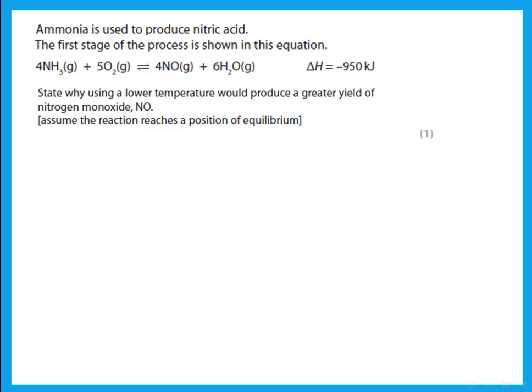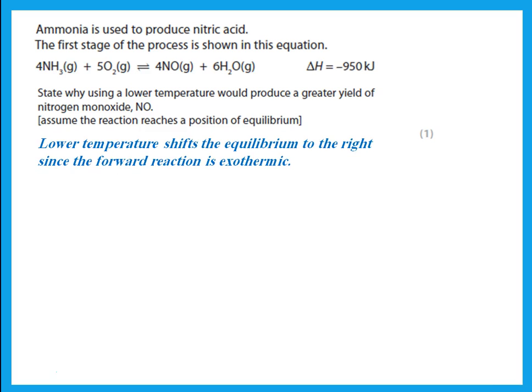That means as I go from ammonia plus oxygen to give NO plus water, this reaction is exothermic. That means it will become hotter, so if I want to go forward, I should lower the temperature. Lowering the temperature will cause the reaction to go forward, since the forward is exothermic, as indicated by the negative sign of the delta H.